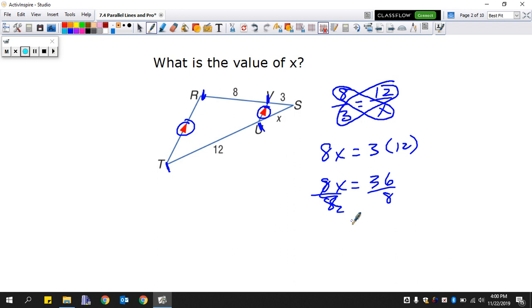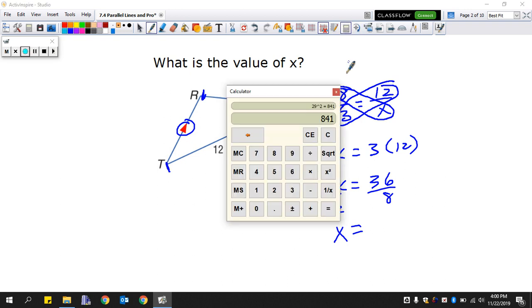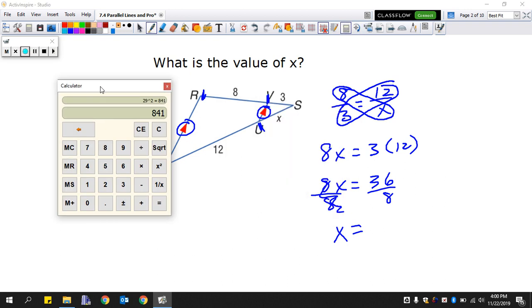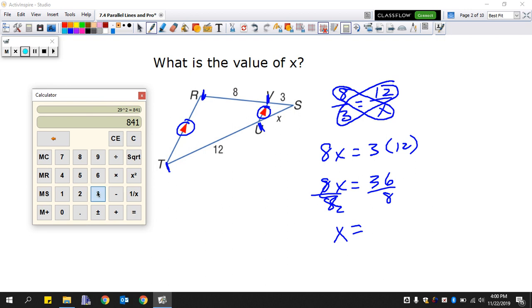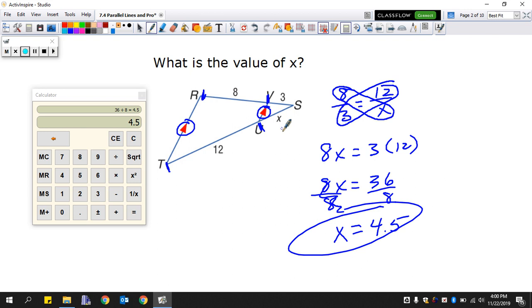And x is equal to, if I take a calculator and divide that out, 36 divided by 8 gives me 4.5. So this side length right here would be 4.5.